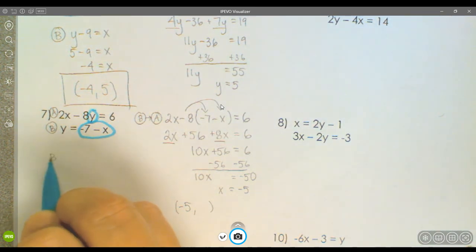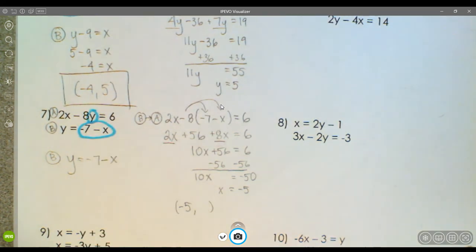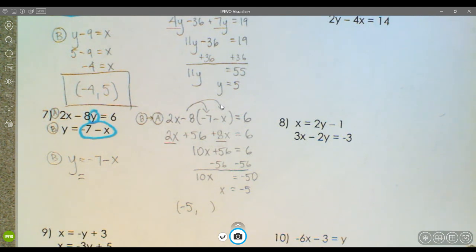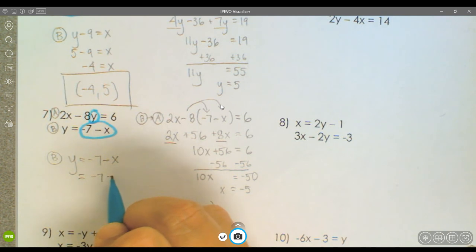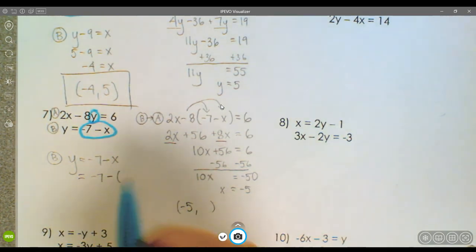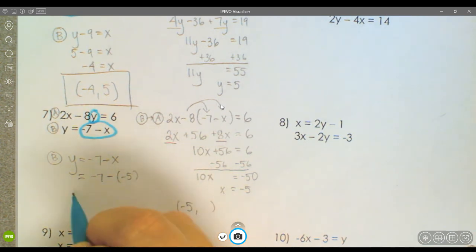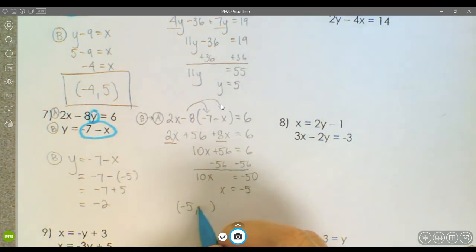I look at equation B, where y equals negative 7 minus x. And oh my goodness, I've got to be very careful here. I bring down my negative 7. I bring down my minus. And I substitute negative x, which is negative 5. And I'll get negative 7 plus positive 5, which is negative 2.